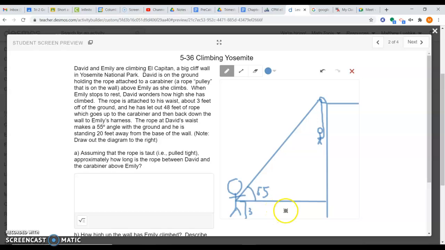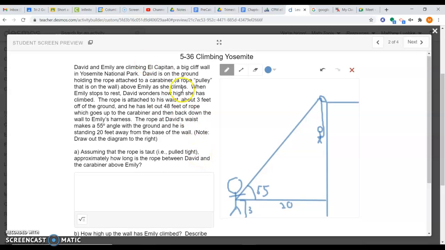So that's 20 feet away, a 55-degree angle, and the rope on his waist is about 3 feet off the ground. Any other piece of information I'm missing? He has 48 feet of rope, but we're not going to use that quite yet, but it will come up.